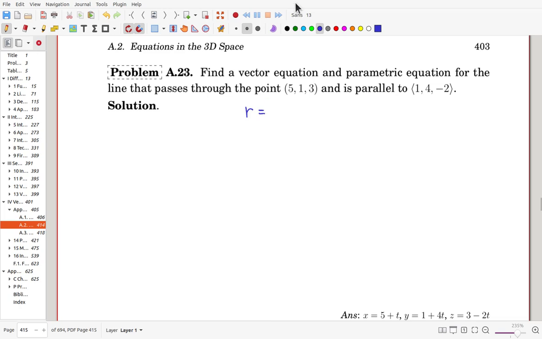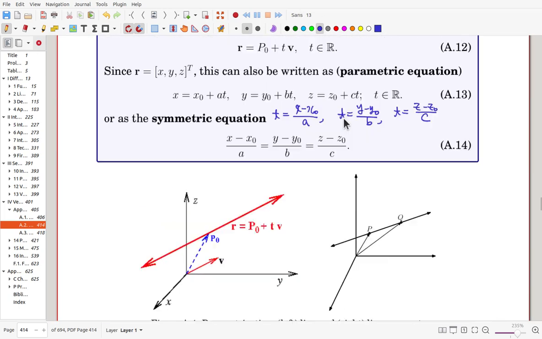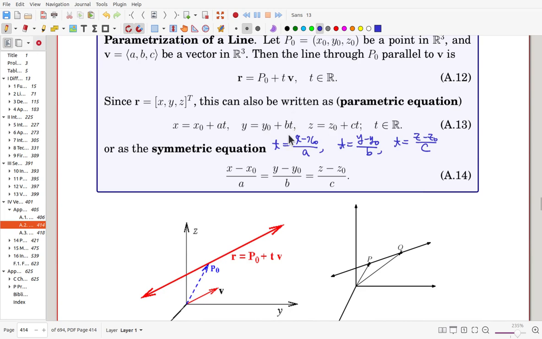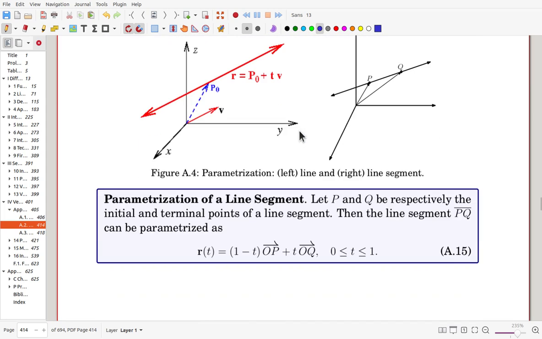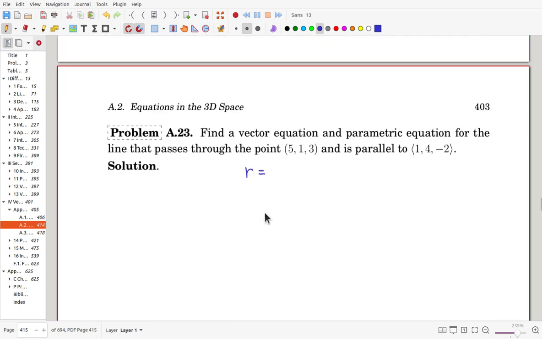We are using exactly this equation, and rather than P0 we write down here the numbers 5, 1, 3, and then t times 1, 4, minus 2.